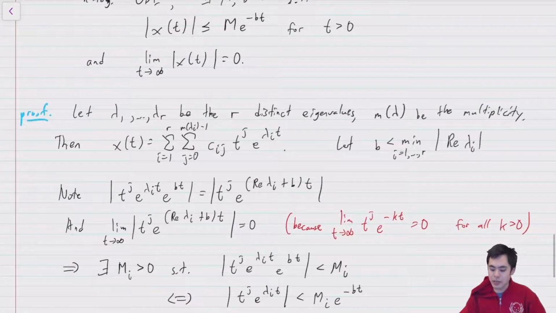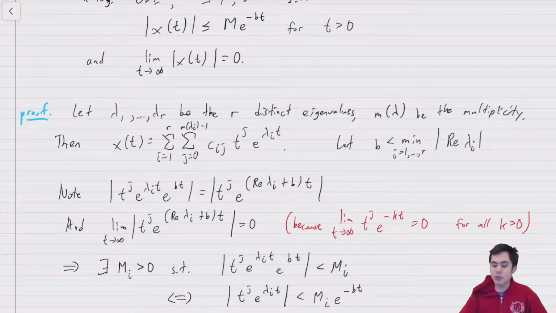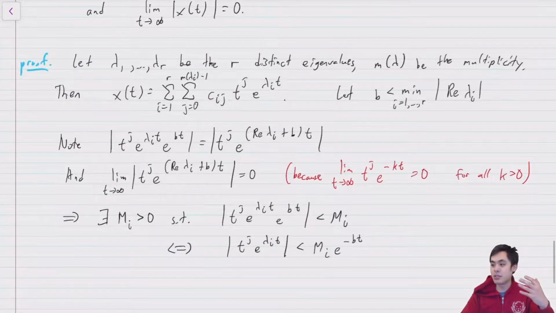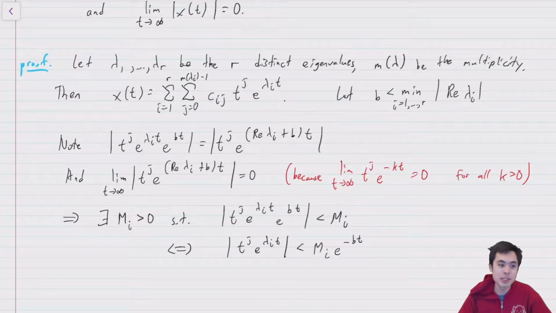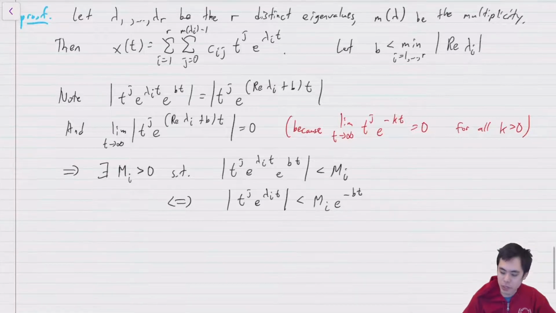Okay, so we're starting to get close to where we wanted to show. So what we've done is we've shown that one of these solutions is going to be less than mi e to the minus bt.